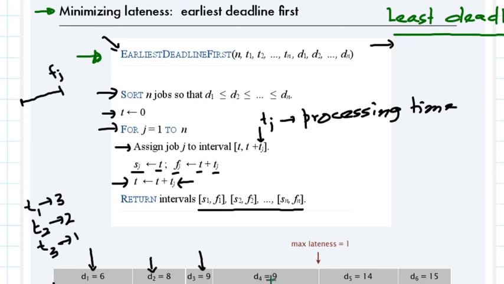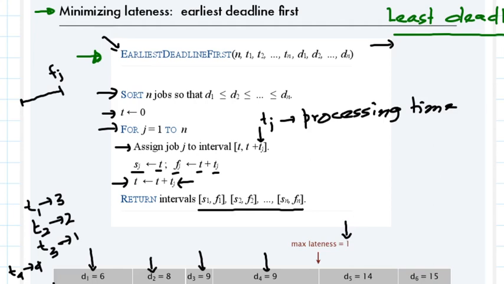Then D4 is 9, and its processing time was 4. So 6 to 10 it will be taking, and the deadline was 9, so here we are having 1 day late. So lateness is 1.